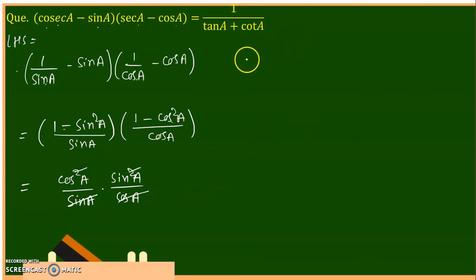So here we will get this equal to cos A multiplied by sin A, and we have to prove 1 upon tan A plus cot A.